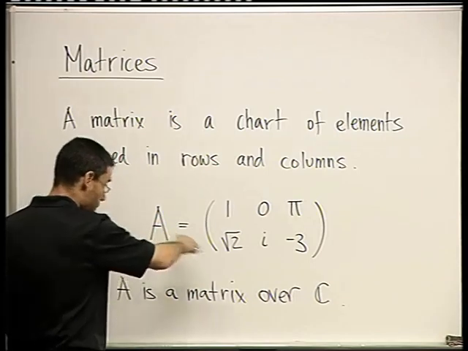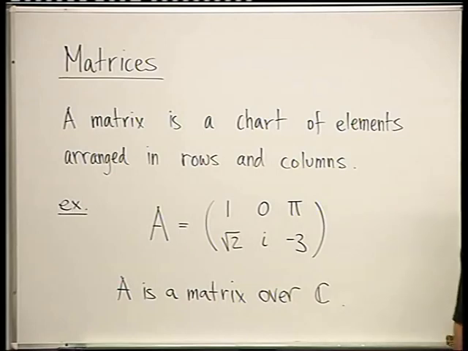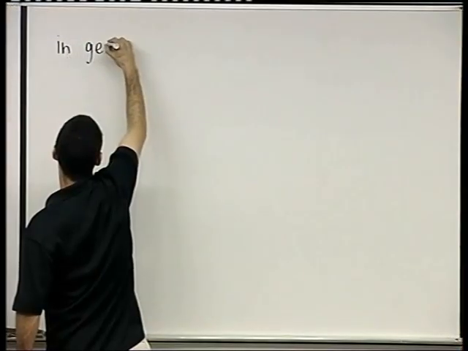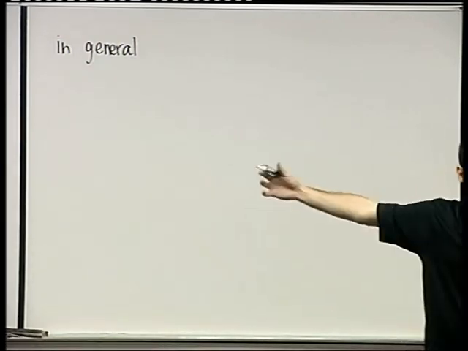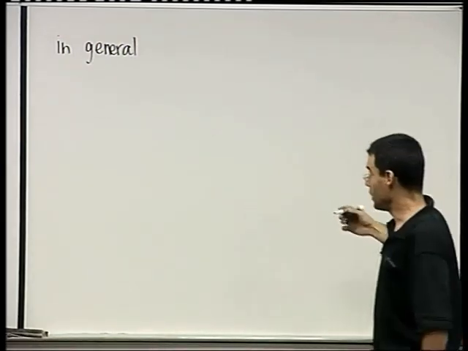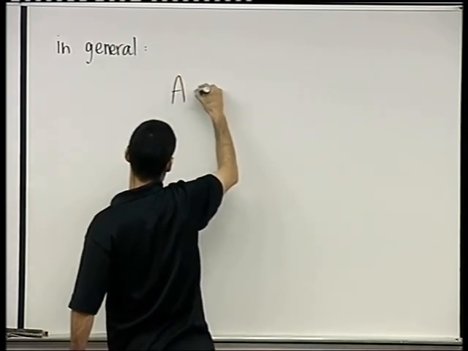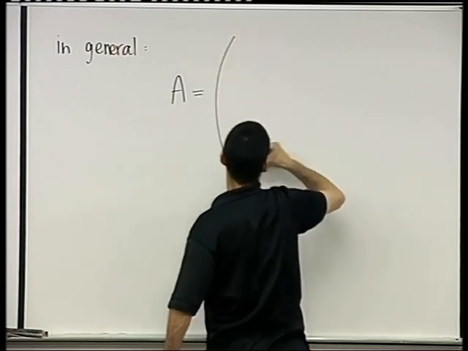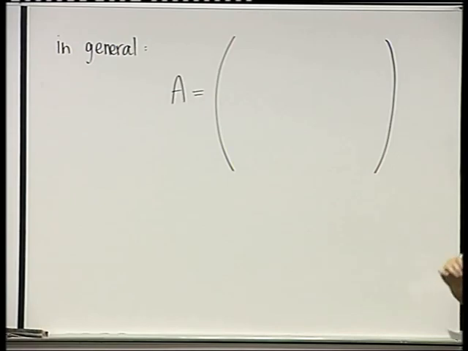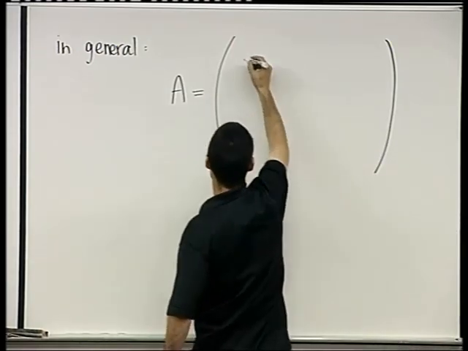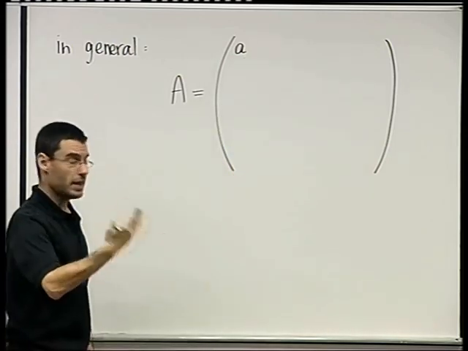In general, so this was an example, how do we denote it in general? And this might be a bit scary. In general, a matrix can have n rows and m columns, and the way we denote it, we have A equals, and then pretty big parentheses if it's a big matrix, and we denote the elements by subindices corresponding to the row and the column.